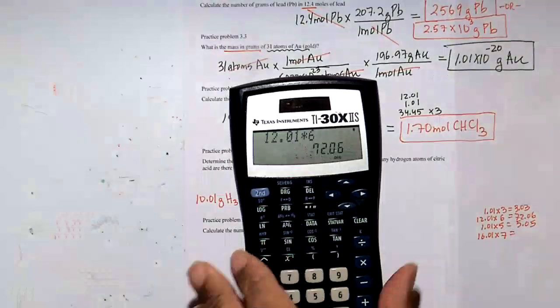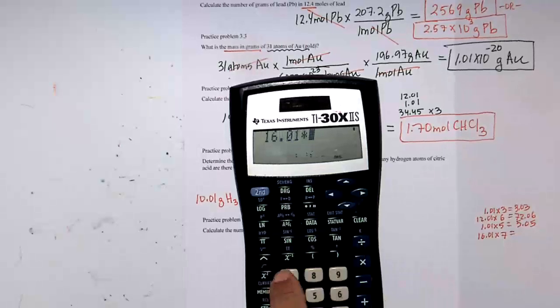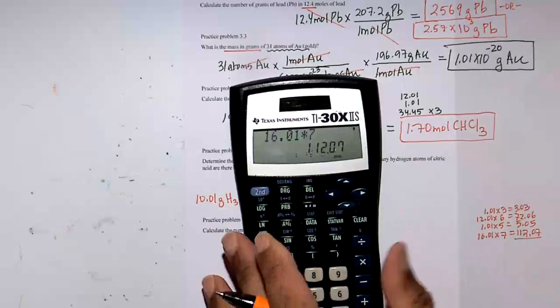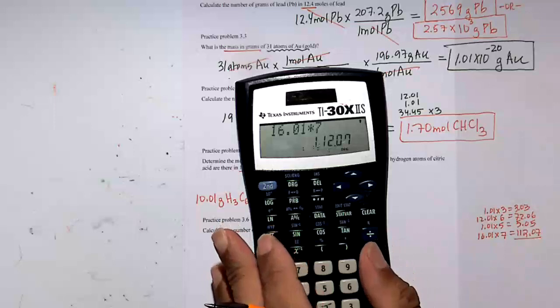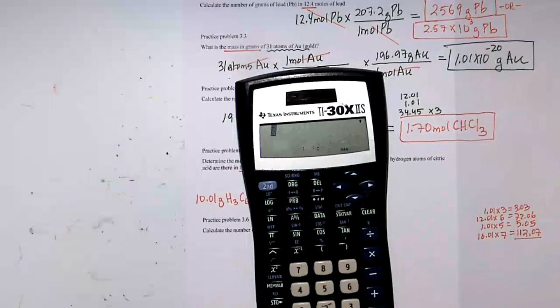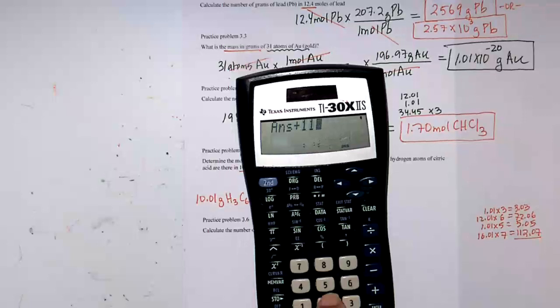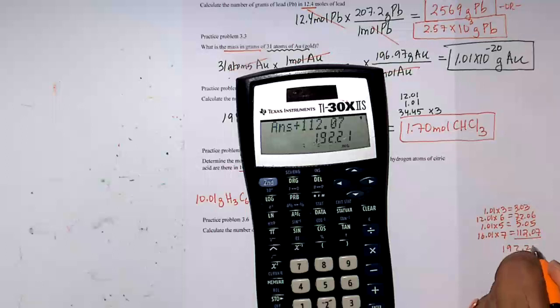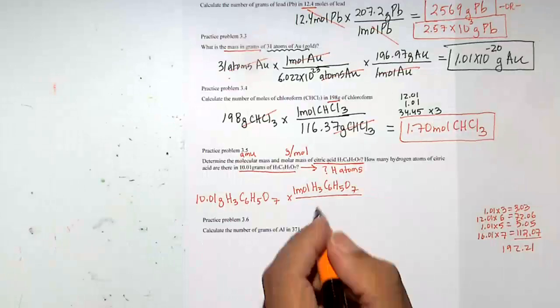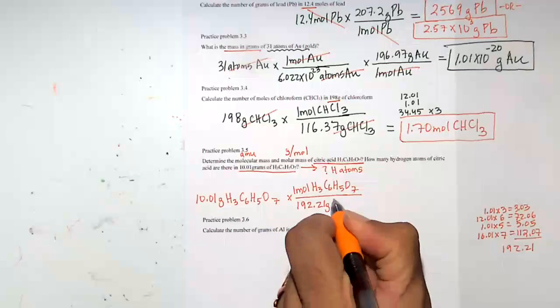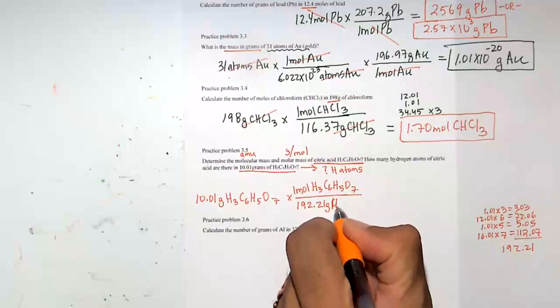Don't forget to multiply that by 7. 112.07. Let's add these up here. 3.03 plus 72.06 plus 5.05 plus 112.07, about 192.21. Okay, so 1 mole of citric acid is 192.21 grams of citric acid.